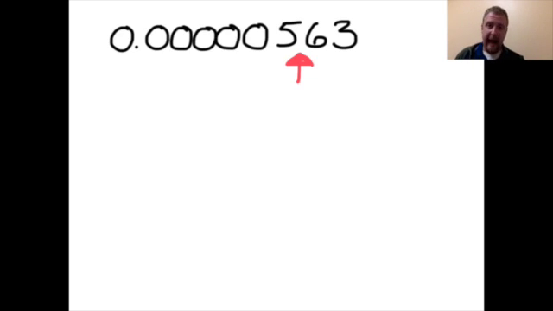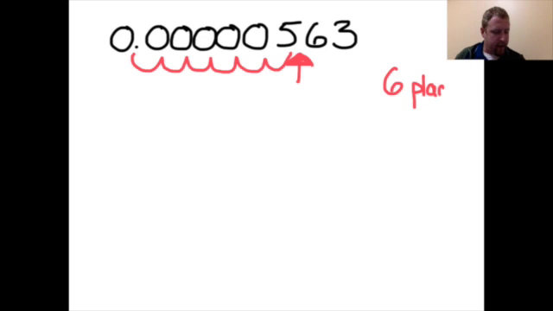All right, so let's count it. Okay? 1, 2, 3, 4, 5, 6. I'm going to have to move that decimal 6 places. I'm going to write that down over here on the side. Okay? I like to call it the loop-de-loop-de-loop-de-loop-de-loop method. Okay? Because I'm looping that decimal over.